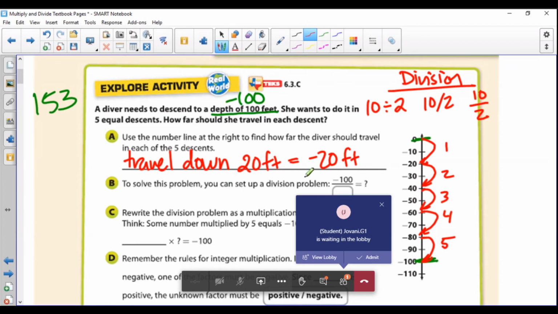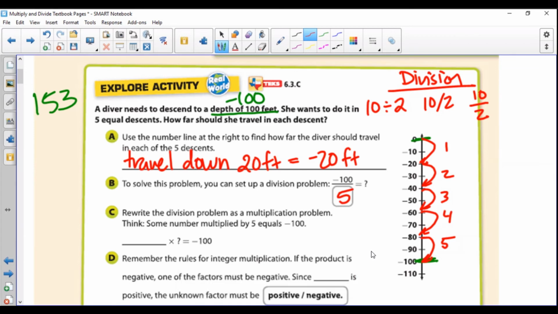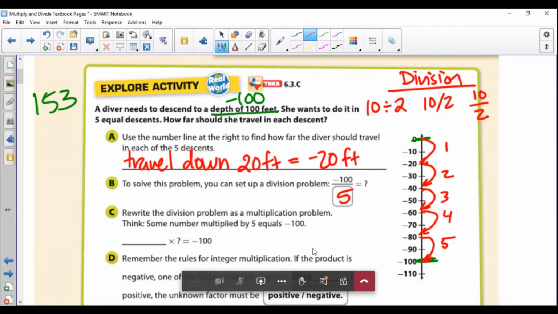So what we did to solve this problem is we took negative 100, and to make sure you mute your microphone. So we take negative 100 and we divided it into 5 even sections. Because we split it into 5, we want to know out of 5 dives how much we have to do every single time.